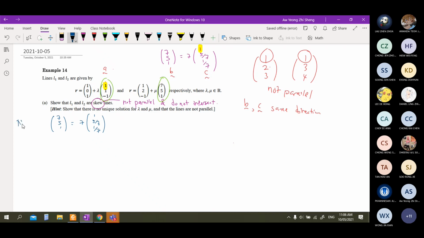So maybe we can just say, note that 7, 5, 1 is equal to 7 times this vector. Then 1, 1, minus 1 is not a scalar multiple of 7, 5, 1.